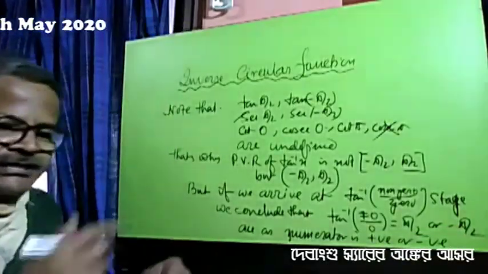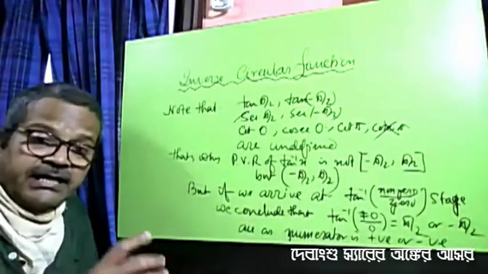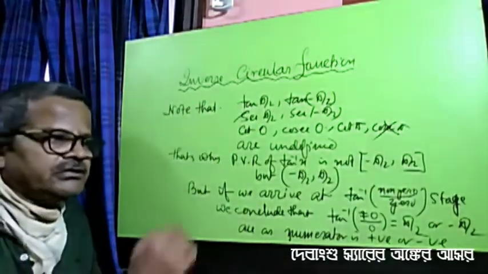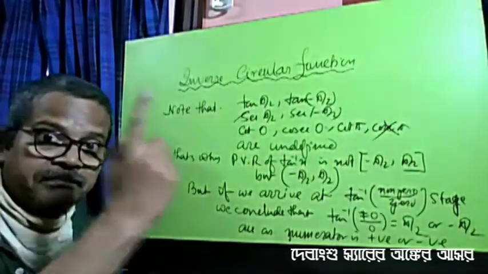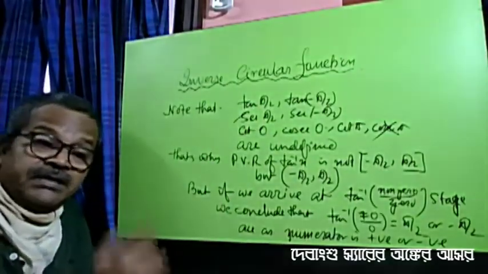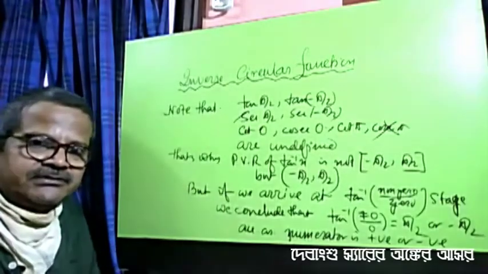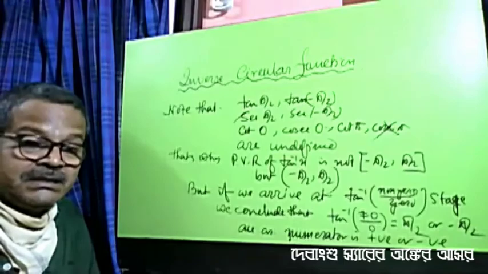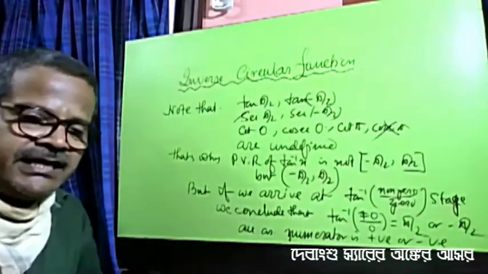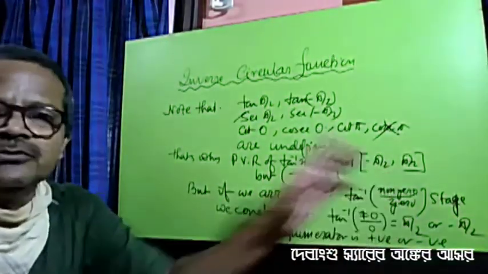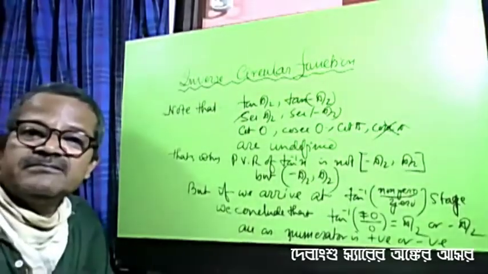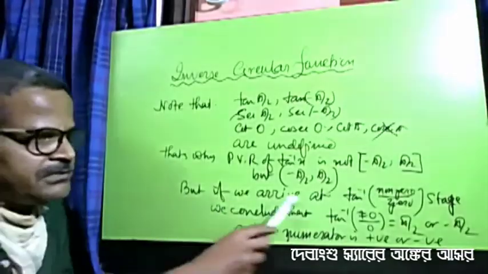Say if we arrive at 3 by 0, then we will say that tan inverse 3 by 0 is plus pi by 2. If we arrive at tan inverse minus 3 by 0, then we will answer it as minus pi by 2. That's why, from this angle, pi by 2 and minus pi by 2 are also included in this interval.